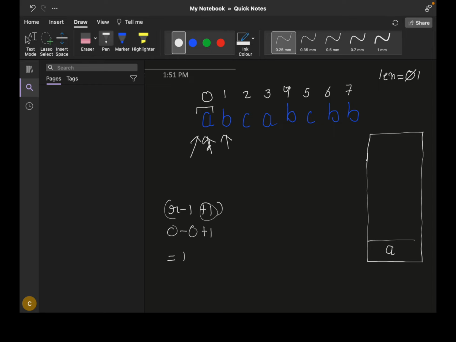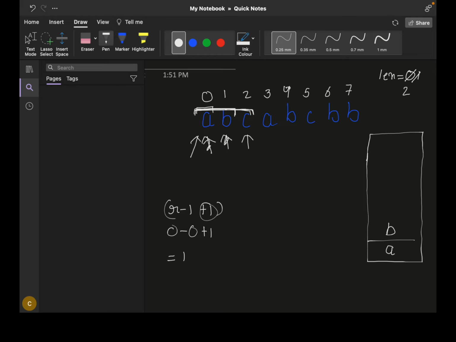Again our substring would be this one. We will check whether B is in our map or not. It is not, so we push B into our map and again calculate the length. It is 1 minus 0 plus 1, so it becomes 2, which is greater than before. Again the right pointer points to C, and we check whether C is contained or not.